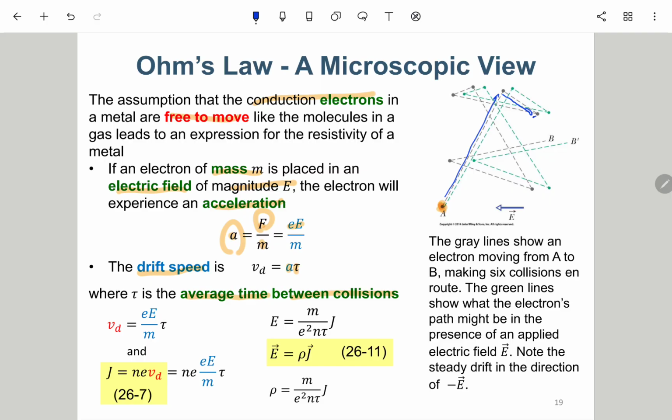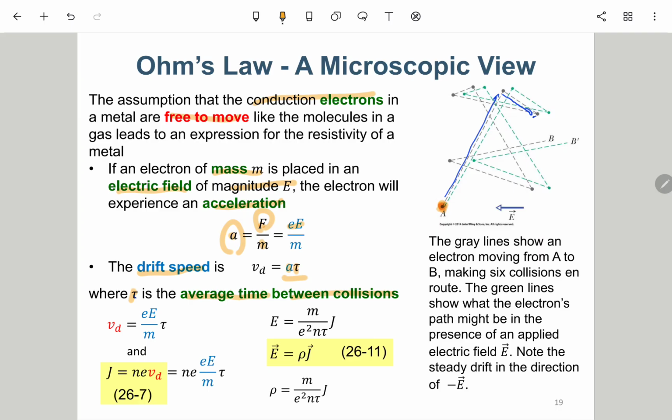Every two collisions have a different time, so on average we call it tau, which is the average time between collisions. So the electron will start from zero speed and accelerate up to a tau.